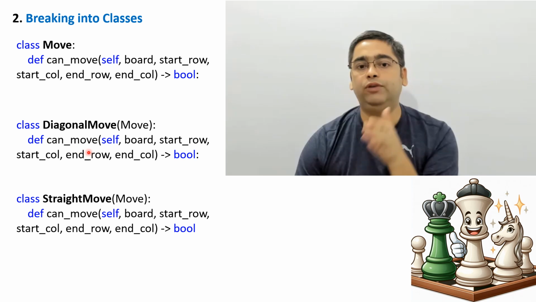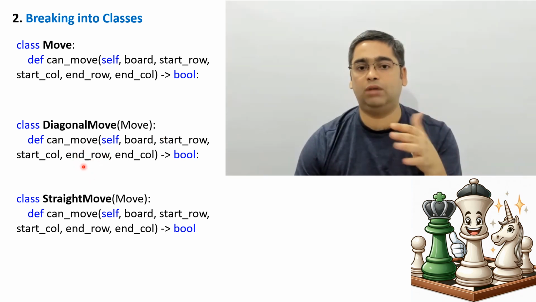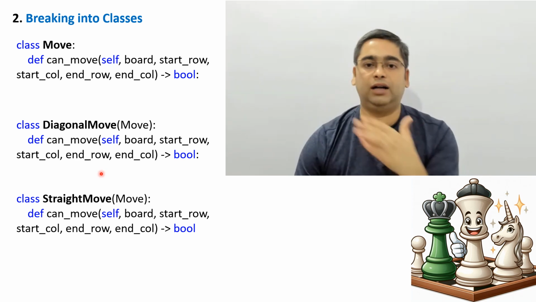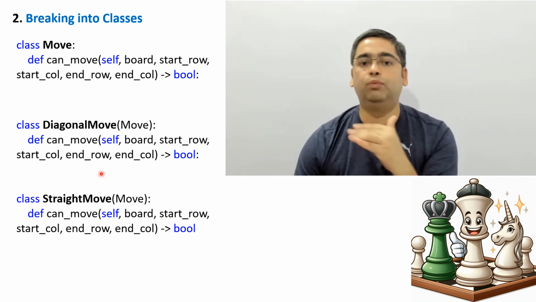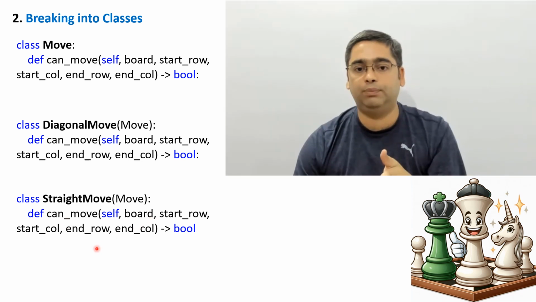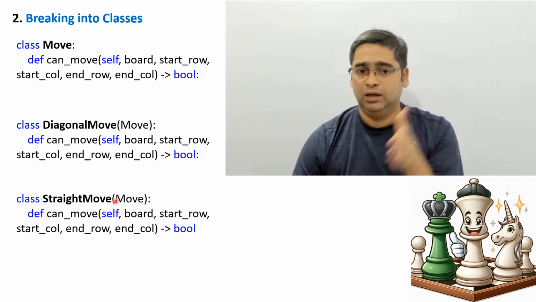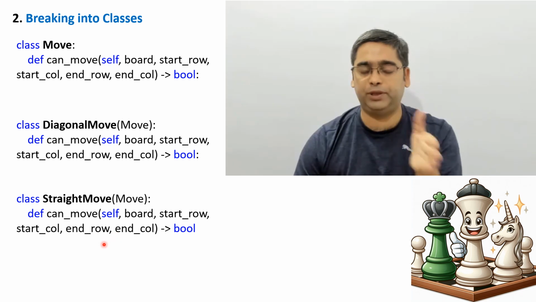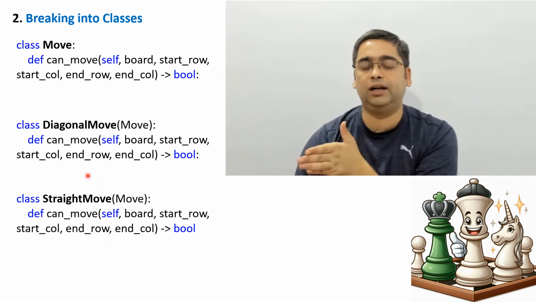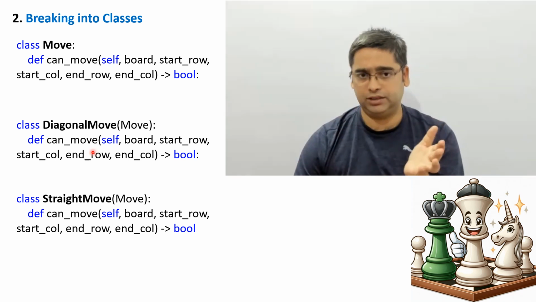The can move will check whether the starting and ending positions are diagonally opposite to each other and no piece is there in between. Also straight move will check whether the starting and ending positions are either vertically opposite or horizontally opposite, and there is no other piece in the way. The logic for this I have not presented here, but I will be sharing the GitHub link for the complete code at the end in the pinned comments.